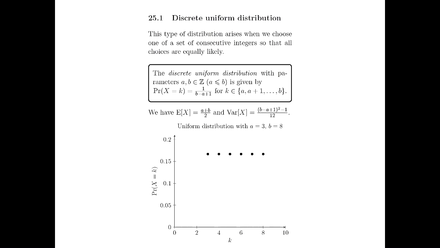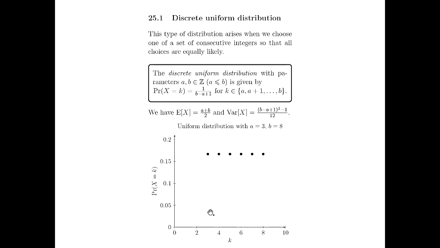A discrete uniform distribution, in particular, for a random variable, is when there's a bunch of consecutive integers from A up to B, and it's equally likely to take every value between A and B, and no chance of taking any other value, right? So here's a discrete uniform distribution with A equals 3 and B equals 8. It's equally likely to be 3, 4, 5, 6, 7, or 8, and no chance of being anything else.